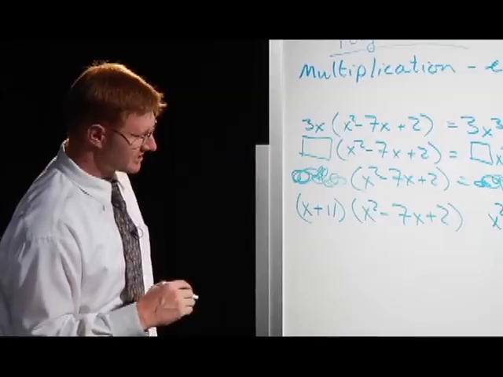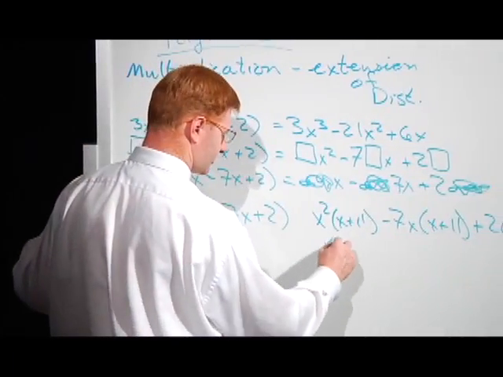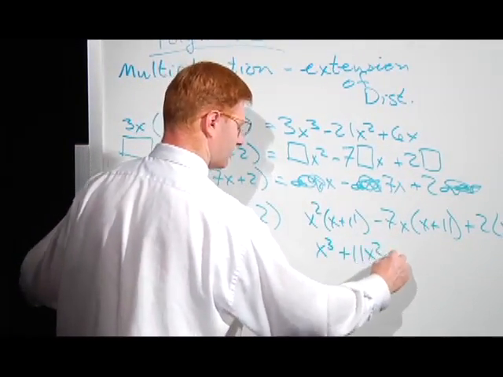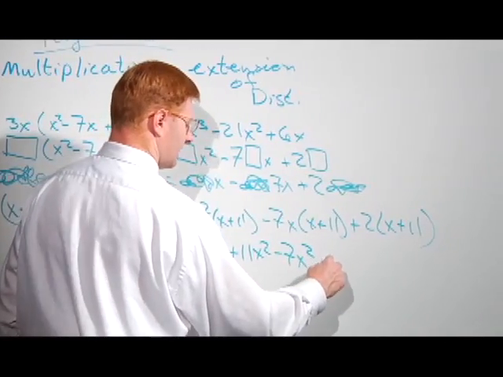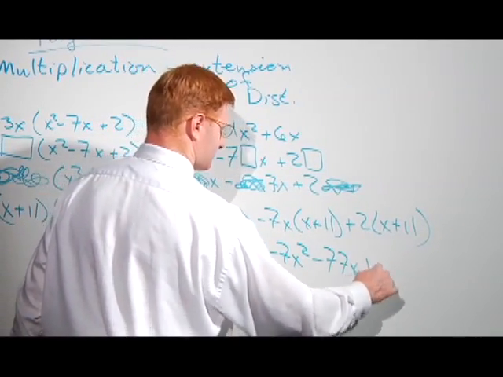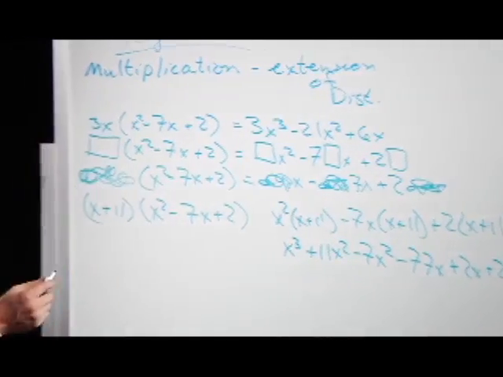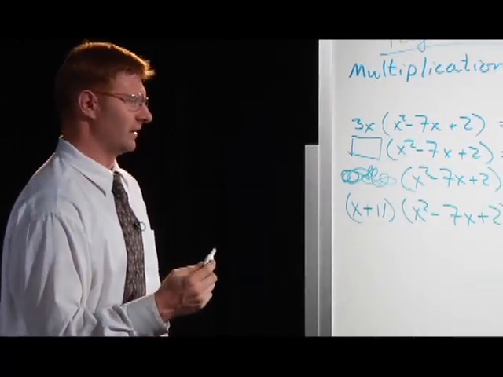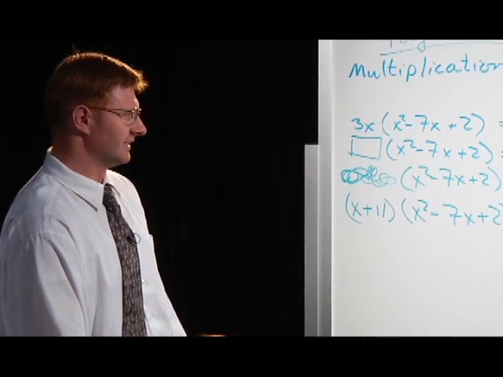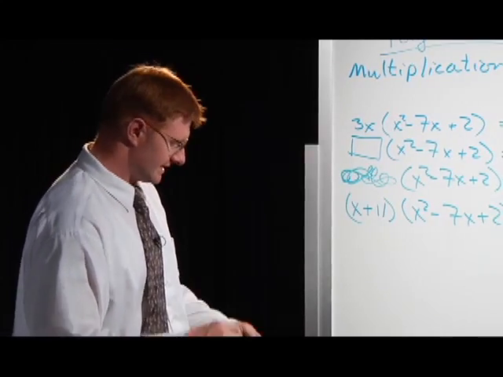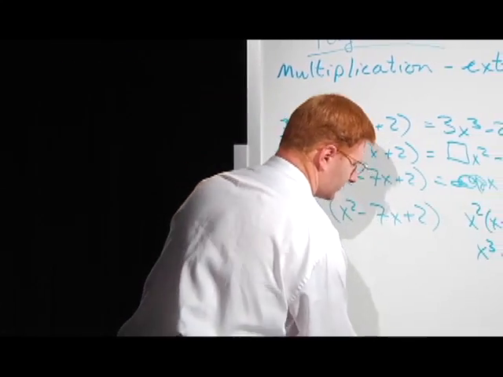Now note that that thing can be simplified down. You get x cubed plus 11x squared minus 7x squared minus 77x plus 2x plus 22. And yes, it gets long. Oh well. They will have to get over that. And doing this a couple of times, they will. Now, this is what's interesting.